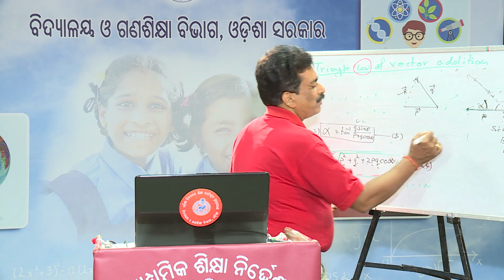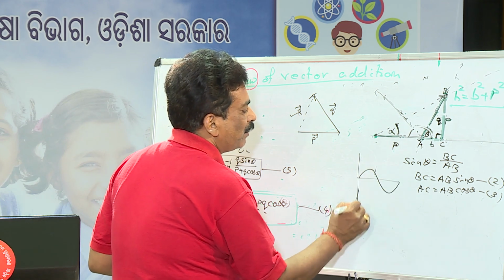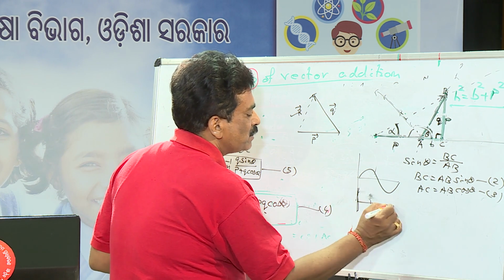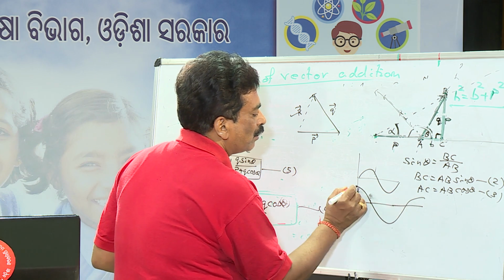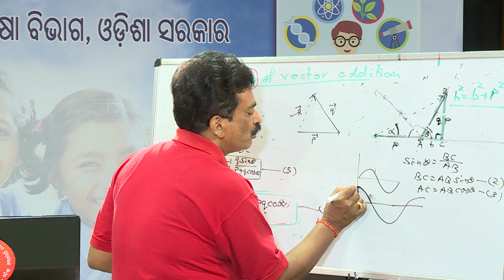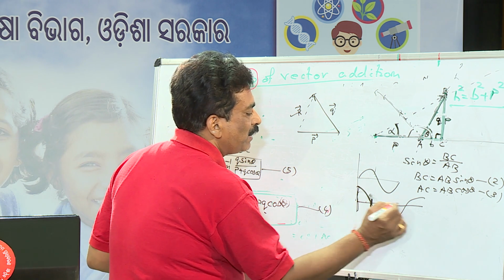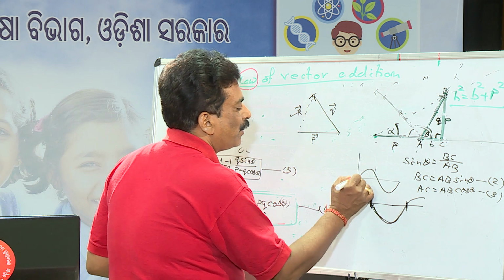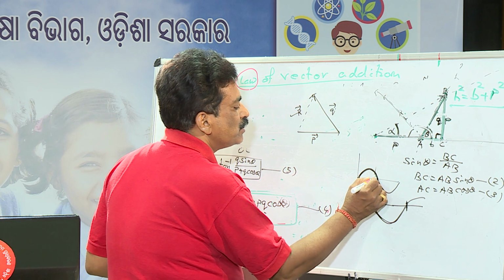Because you see, this is the sin graph, and for the cos graph, if this is the origin, the cos graph will be like this. The cos graph from 0 to 90 gives you plus, but from 90 up to 270 this value gives you minus. But for sin, from this to this is 0, this is 180.